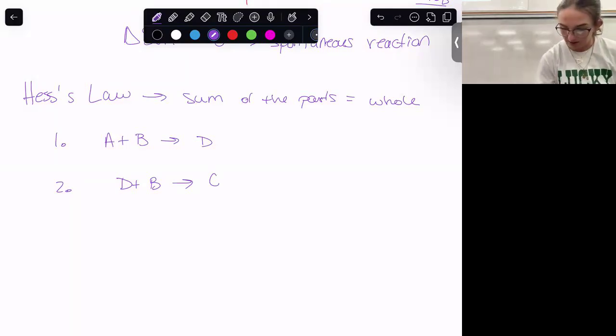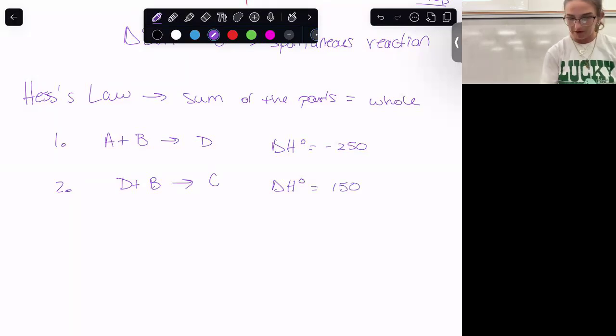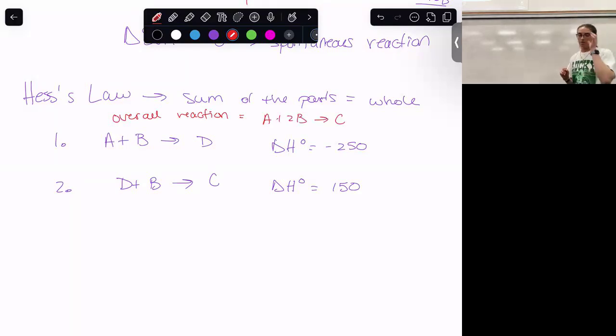And we have our overall reaction, and we'll say the delta H. We know that our overall reaction is A plus 2B goes to C. But I don't know what my delta H for this is. We can use the broken up steps in order to find what the delta H of the total would be, because delta H is a state function, right? It doesn't matter on the path.